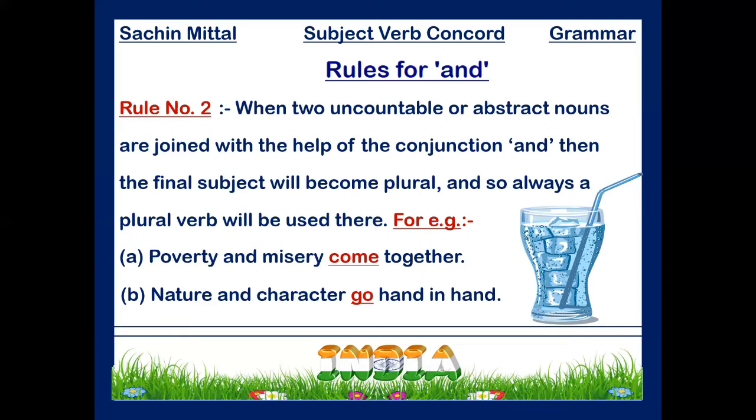Similarly, nature and character go hand in hand. In Hindi, we say स्वभाव और चरित्र साथ साथ चलते हैं. So similarly, nature and character, when joined with and, finally the subject will become plural, and then we use the first form of the verb go. I hope you understand.